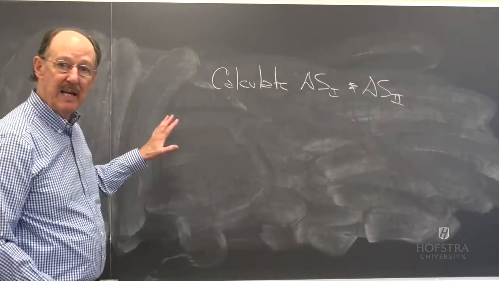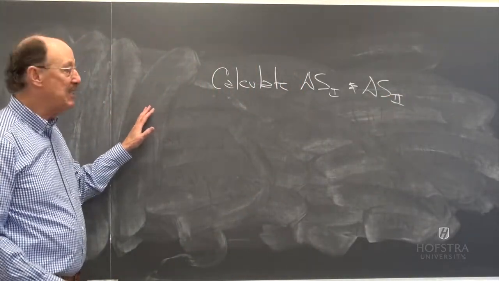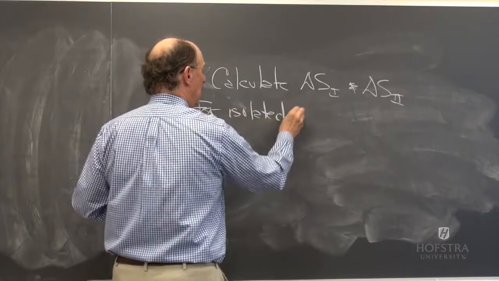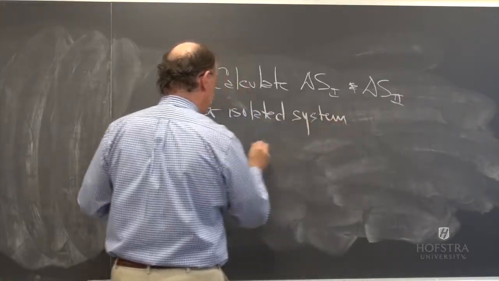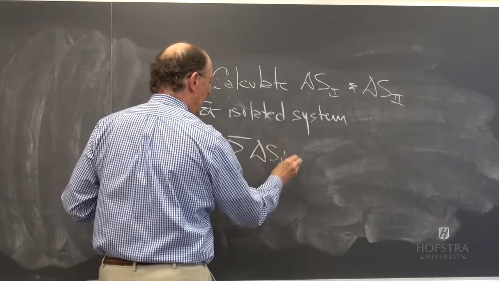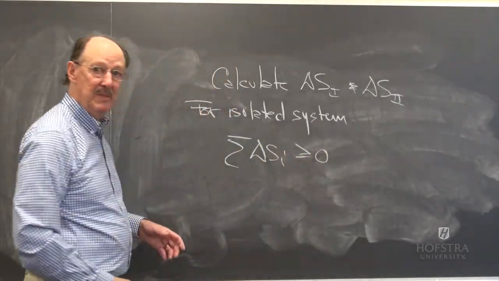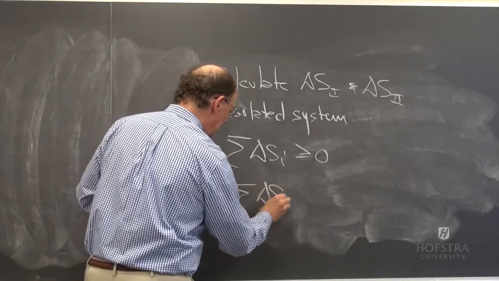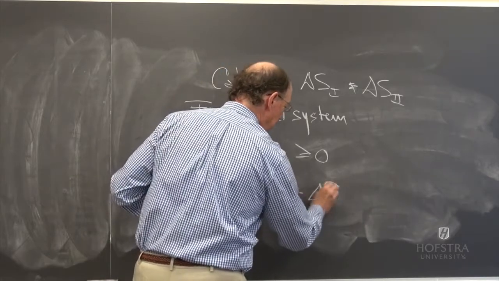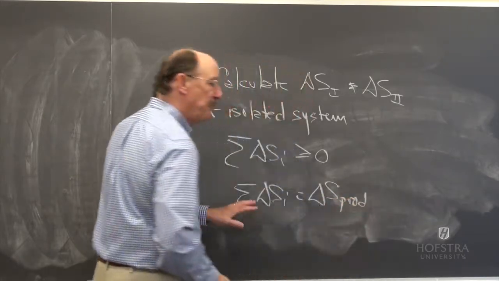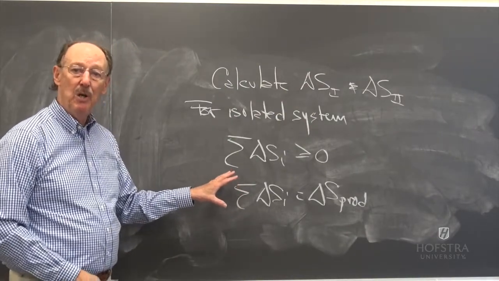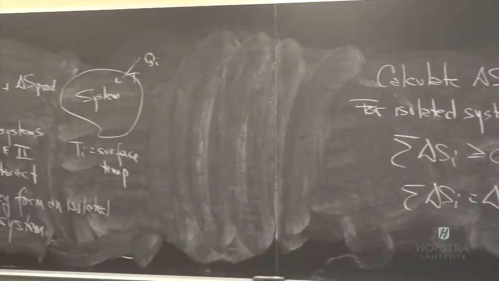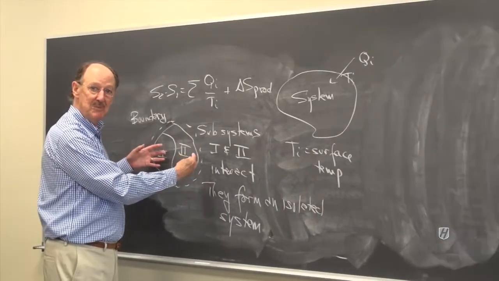What the second law is going to tell us for an isolated system is that the sum of the del Si is going to be greater than or equal to 0. And the sum of the del Si is your entropy production. So it will tell us the entropy production, which is created by any energy change between these two subsystems in the total system.